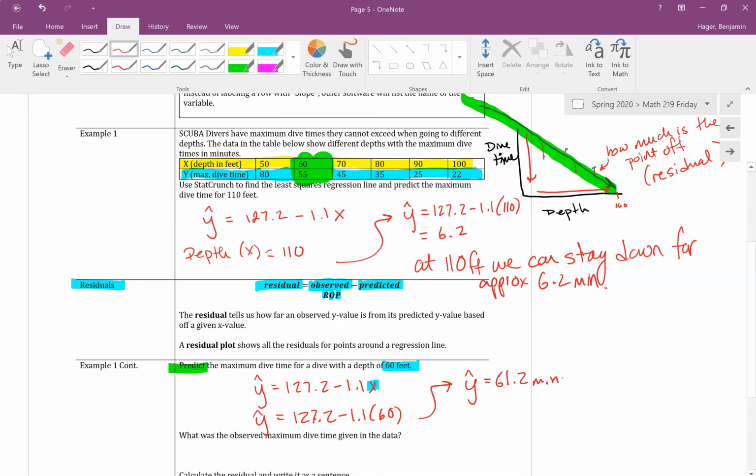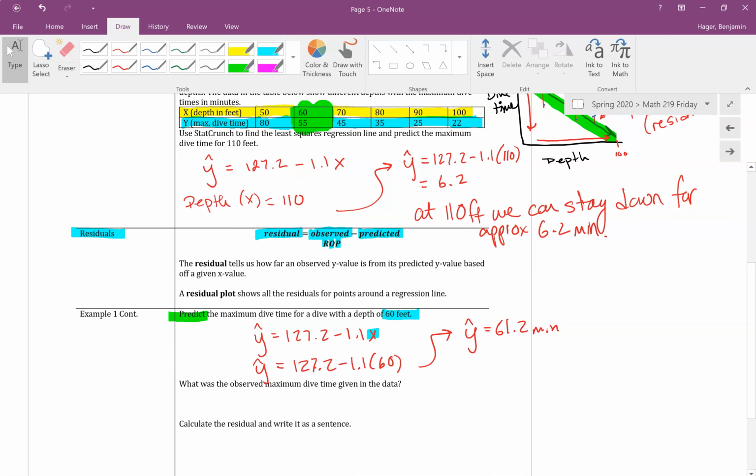That's my predicted. So it's off, because the actual dive time I have is 55 minutes, and this equation would predict it as 61 minutes.